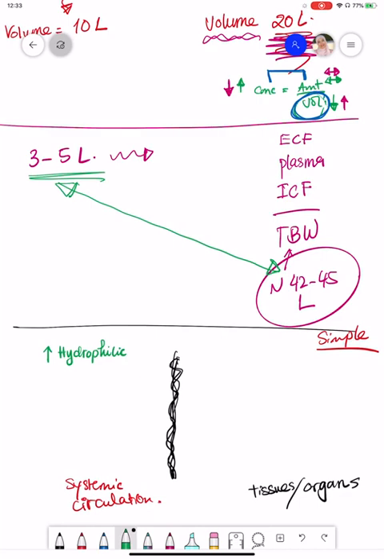So it means that the transportation or distribution of the drug through different membranes would be less. So accordingly, the volume of distribution measured would be less as the hydrophilicity of the drug is increasing, right?